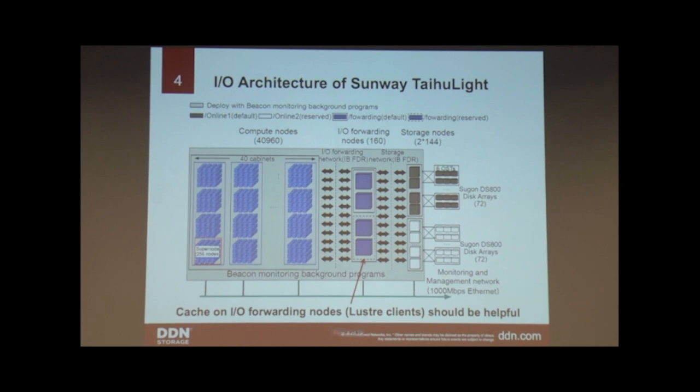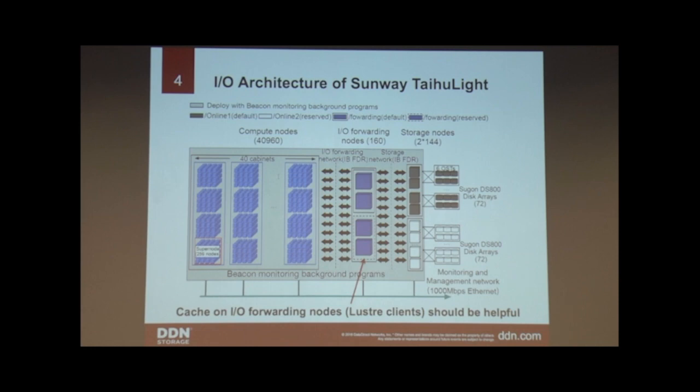At the time that NSCC Wuxi and DDN sat together and looked at the architecture of the Sunway TaihuLight, we were trying to think of a solution to improve the I/O performance.